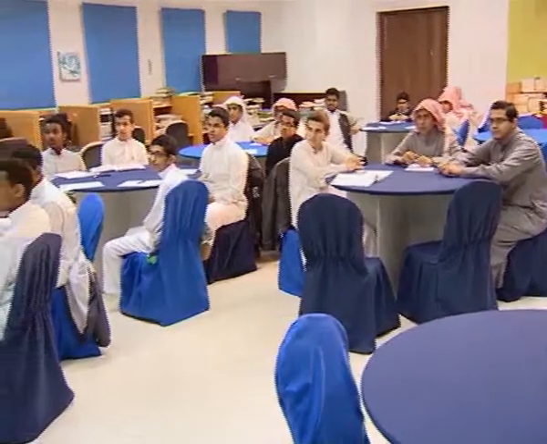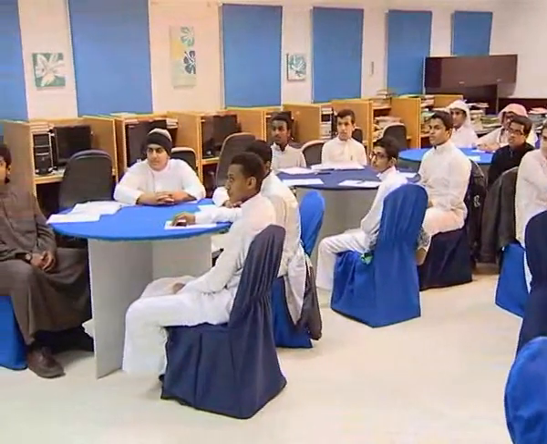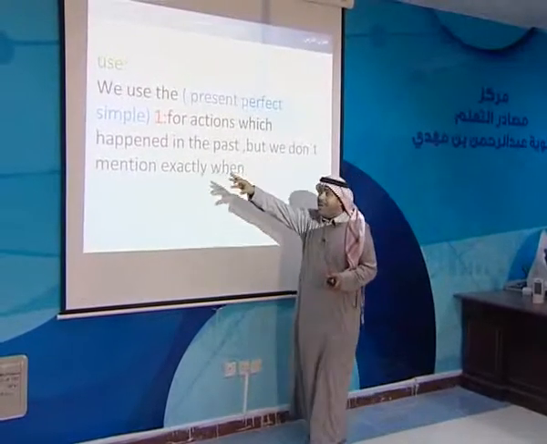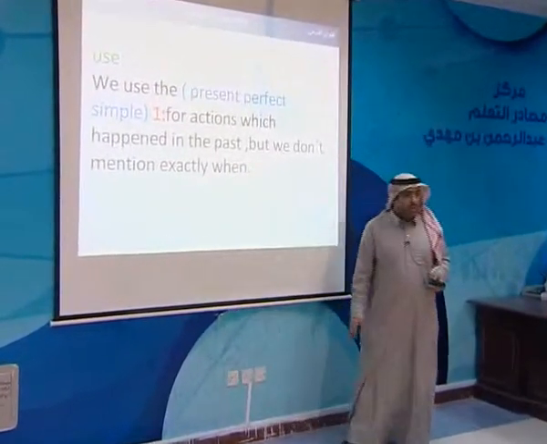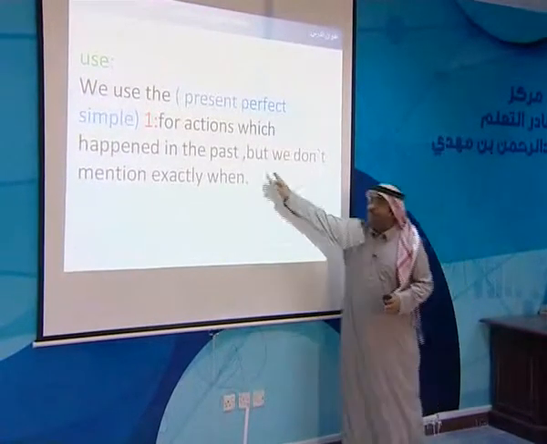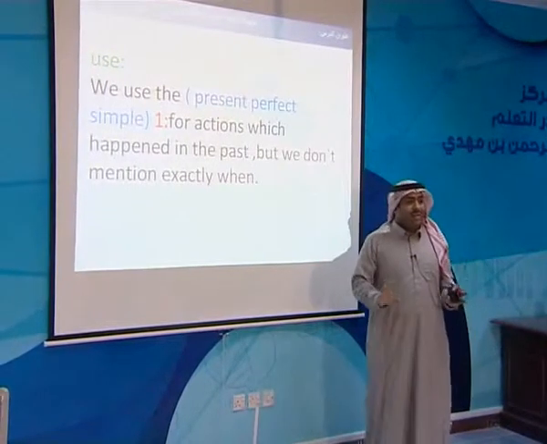Use. Why we use it? Why we use this tense? Number one, we use the present perfect simple for actions which happened in the past. So the actions happened in the past. But take a look at this. We don't mention exactly when.